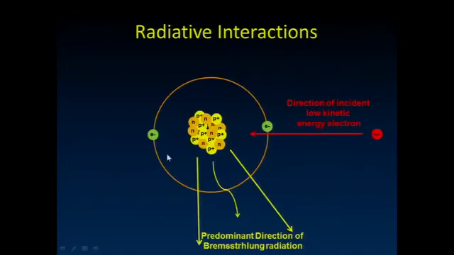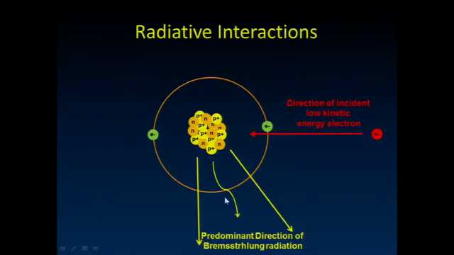Now, this picture is a little bit misleading, and I want to make sure to say, when this electron comes in here, if this is a material consisting of many of these atoms, and we're bombarding it with particulate radiation, we're going to get Bremsstrahlung radiation that heads in all different directions. But it doesn't quite head in all different directions equally, okay? It has a slight preference for this direction.